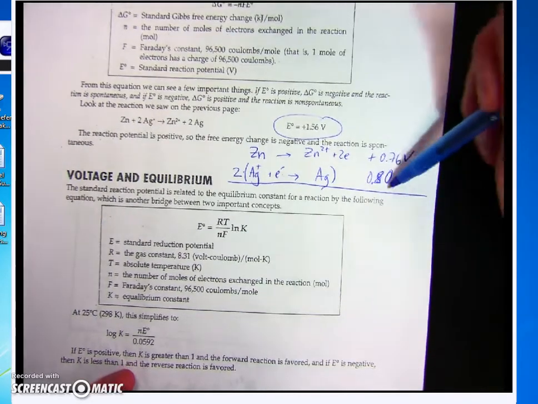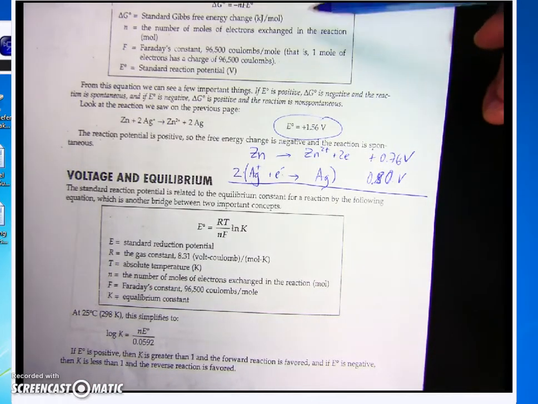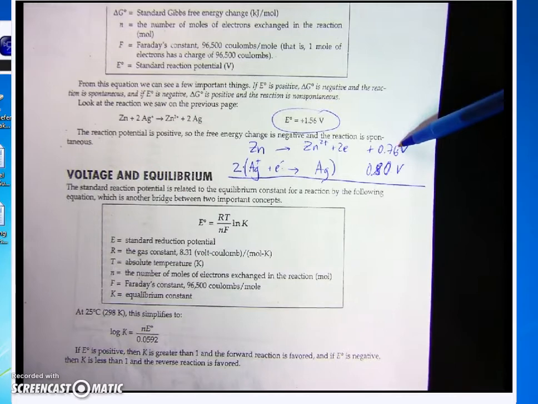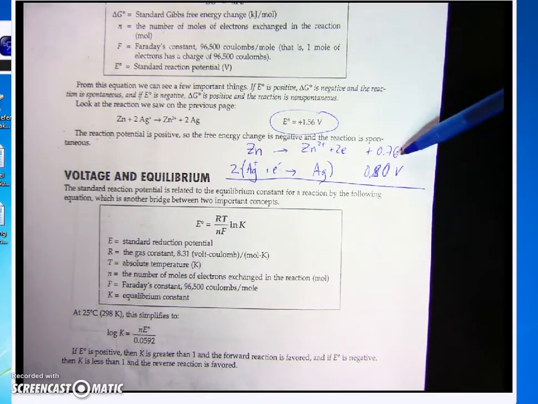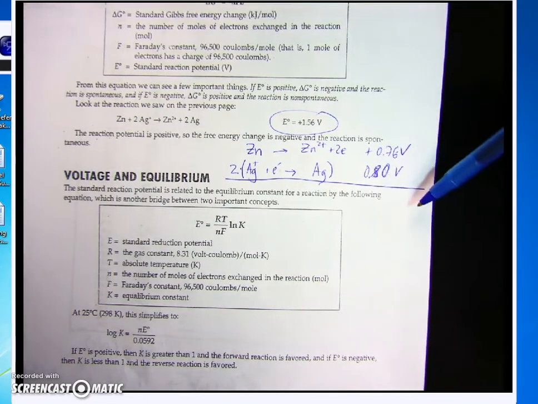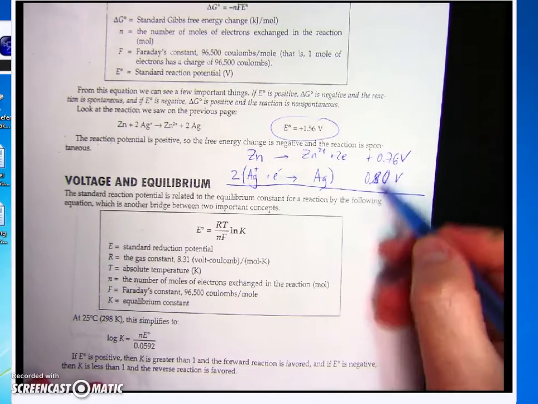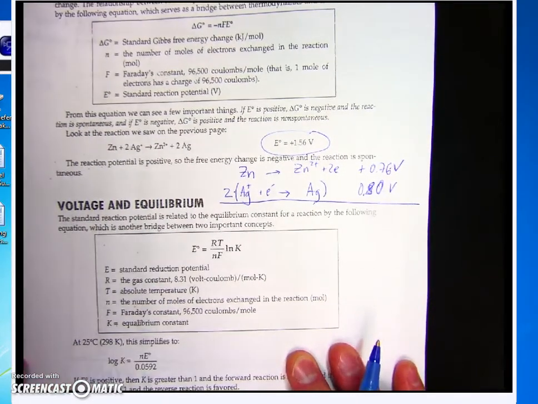The voltage associated with the reduction potential is independent of the moles of that substance. It is an inherent quality, an inherent pull of electrons of the substance that is independent of amount. So therefore, this number never gets multiplied by 2, divided by 2, or changed in any way.